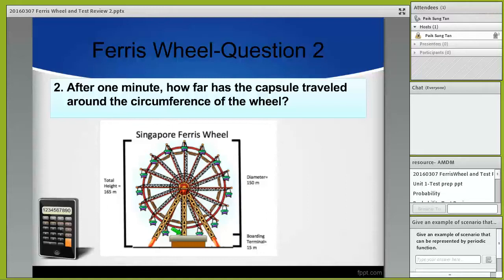So what it means is we want to calculate, let me see. Let's change to red. Okay, let's say after 1 minute the capsule got here, right?